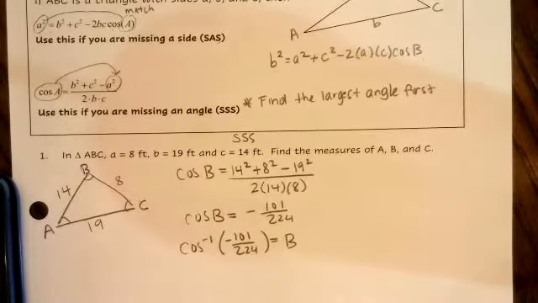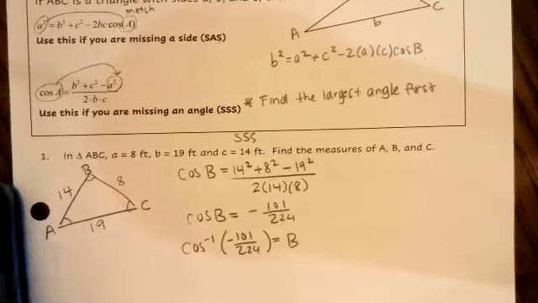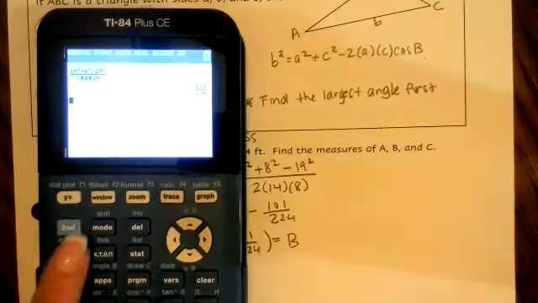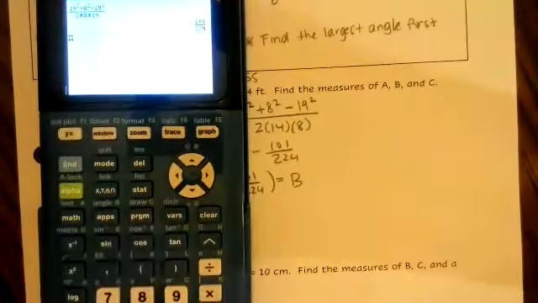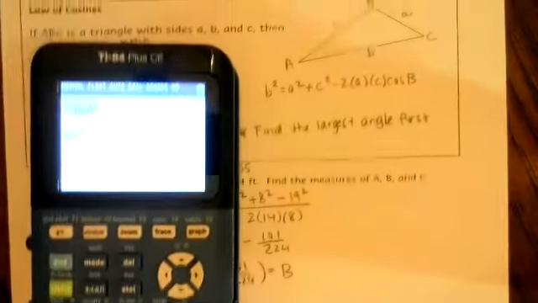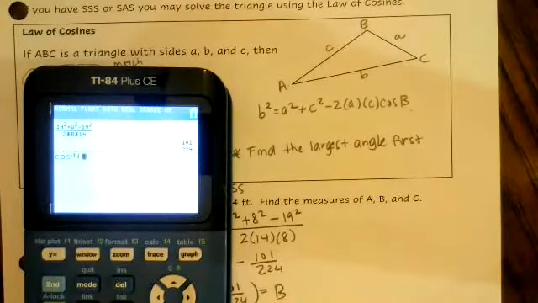That's going to give me my B. To put that in the calculator, we hit second, and then the cosine key. If you want to save some time by putting that fraction in exactly the way you see it, you can use the arrow key to highlight it, hit enter, and it will copy and paste it there for you. We hit enter, and there is our angle.